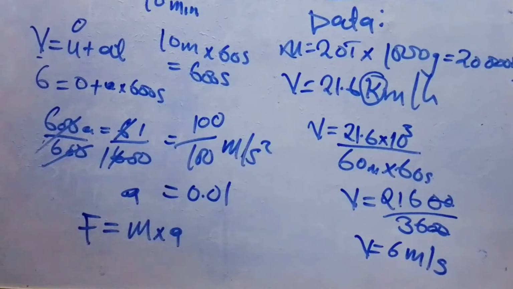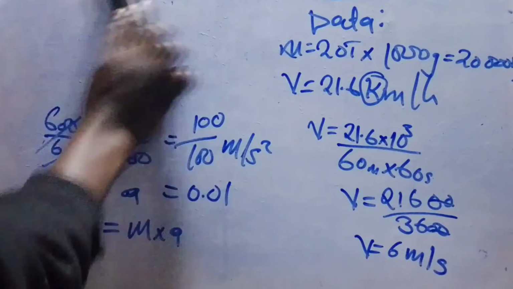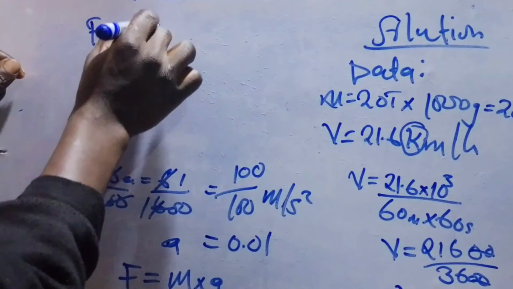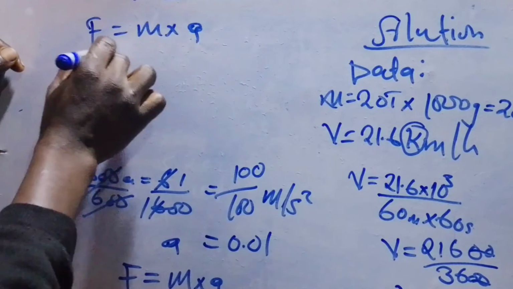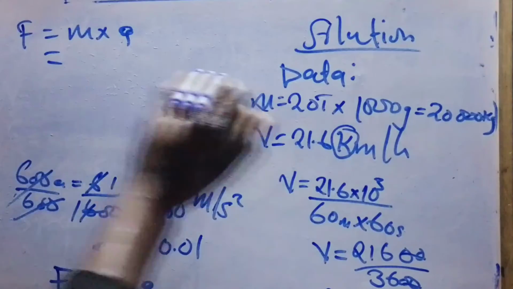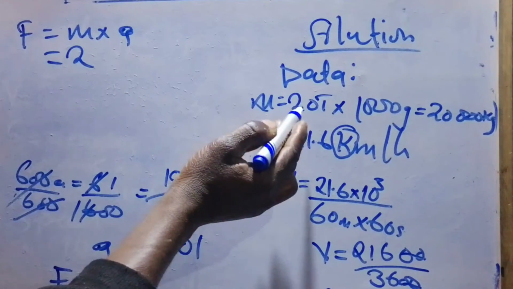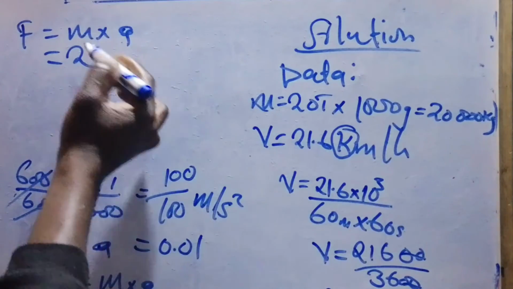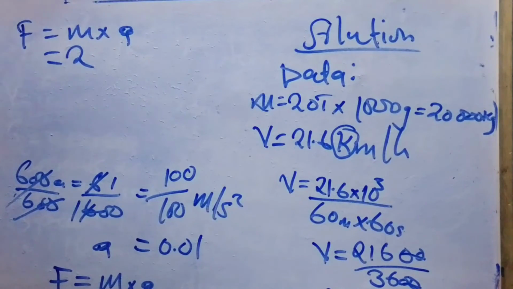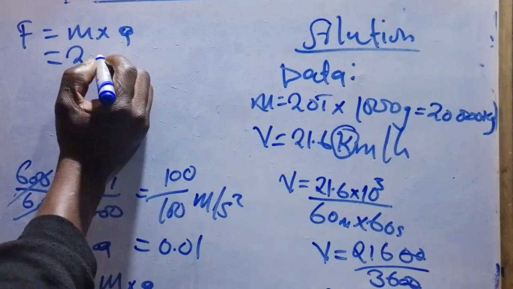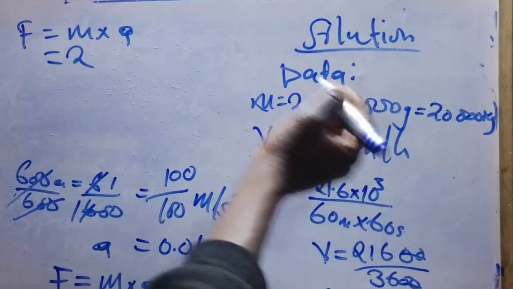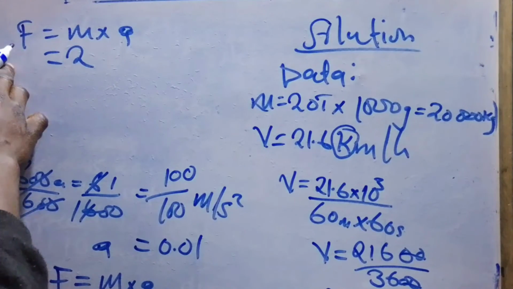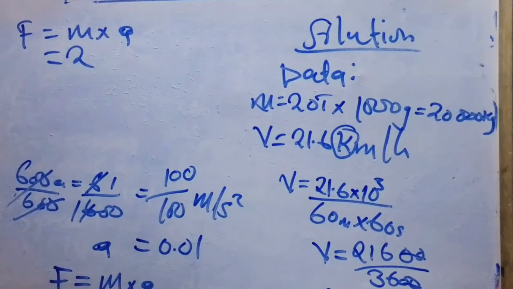In which force is equal to mass times acceleration, in which mass we have 20, don't take 20 tons, take the kgs, because mass is measured in kg. That's the required unit when you are dealing with force equal to mass times acceleration.